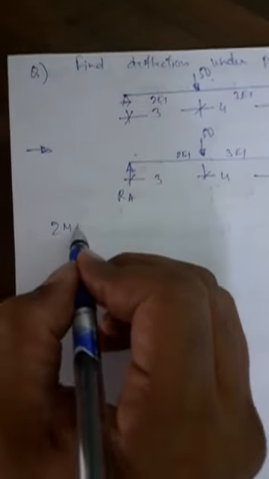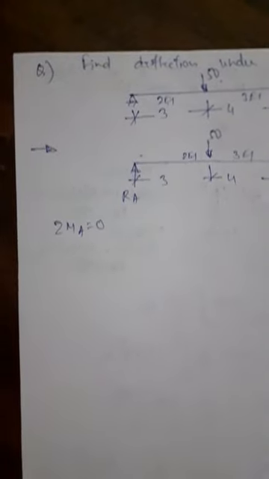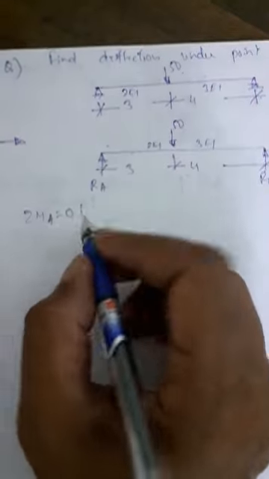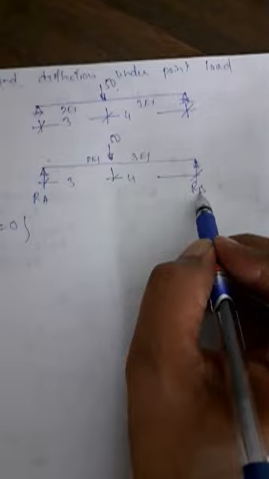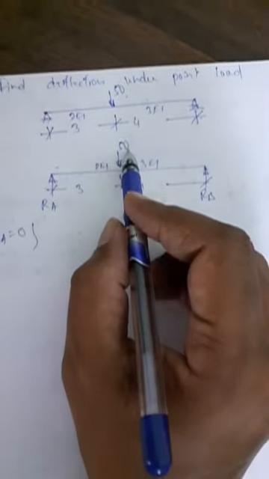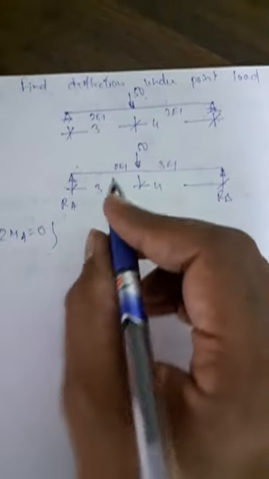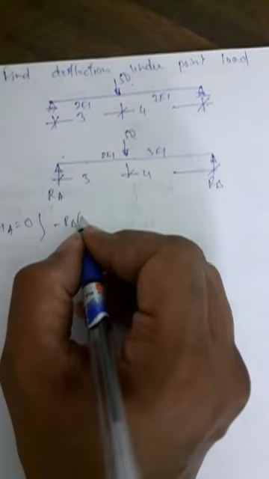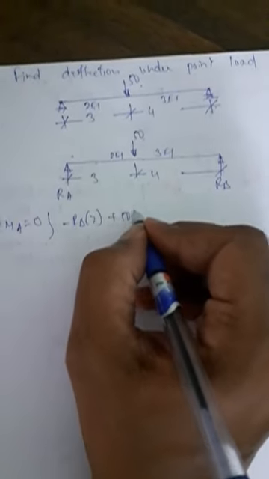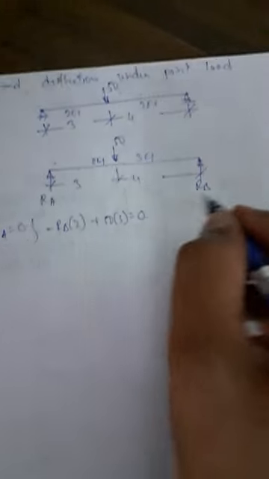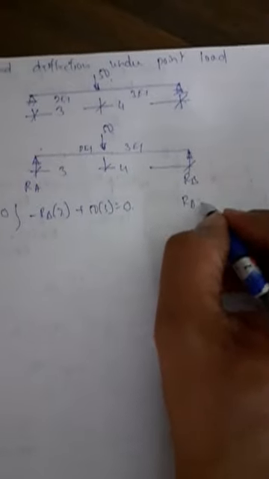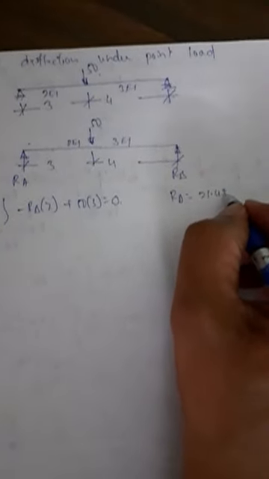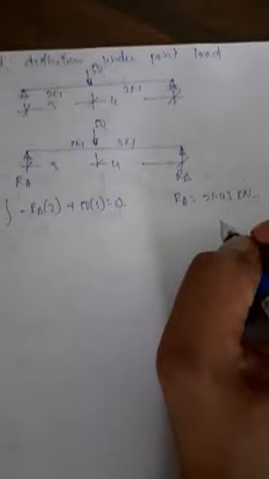Summation of moments about A is equal to 0. Bending moments about A: RB into 7 minus 50 into 3. So minus RB into 7 plus 50 into 3 is equal to 0, or RB is equal to 21.43 kilonewtons.